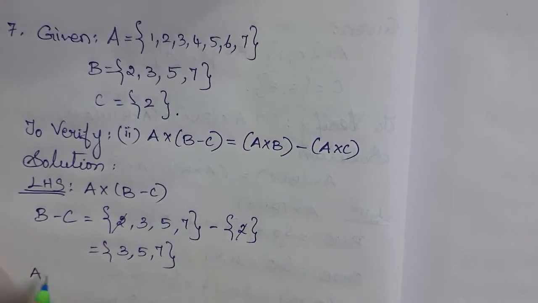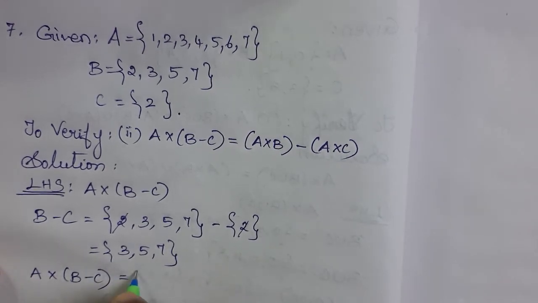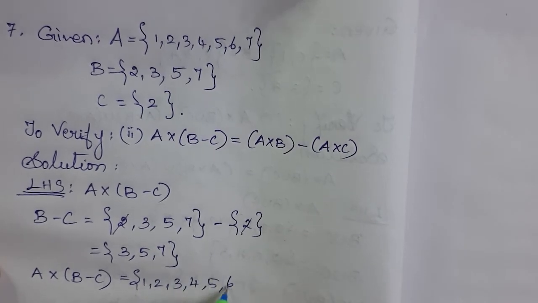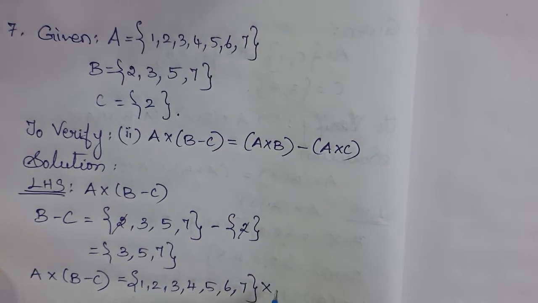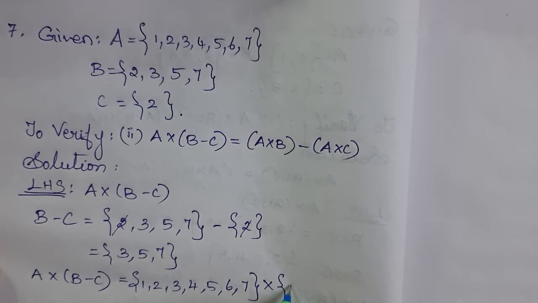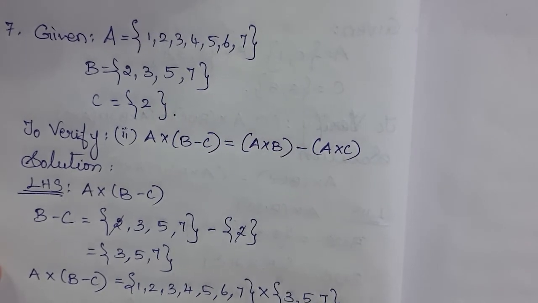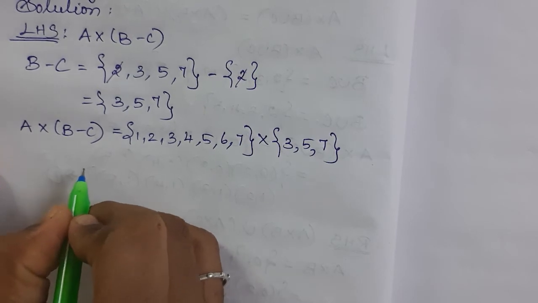Now, we have to find A cross B minus C. Set A is nothing but 1, 2, 3, 4, 5, 6, 7, cross B minus C, and the B minus C set is nothing but 3, 5 and 7. Now we have to start finding the cross product.